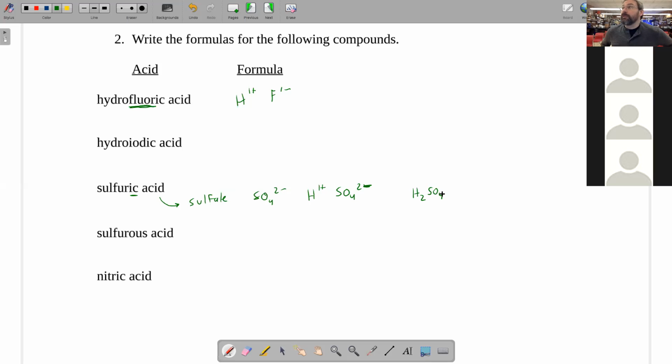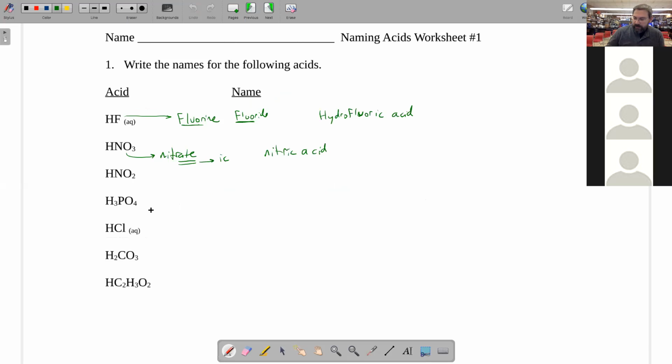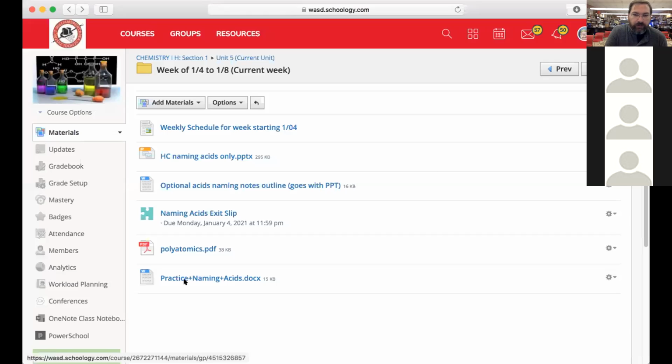All right, well, we're just about out of time. Try the other examples here and here. Those examples are in the folder, I'll show you where. So in the plan for the week, it says practice naming acids.